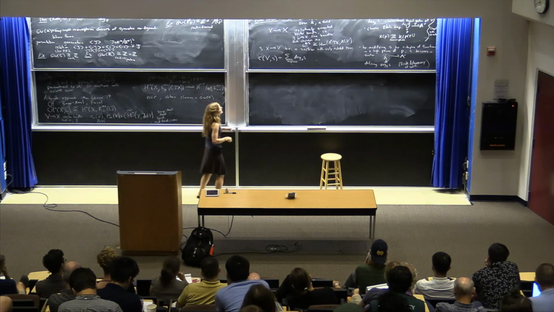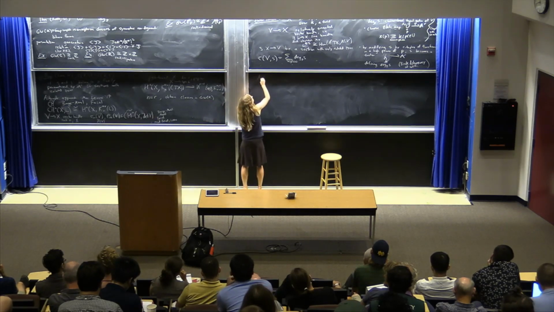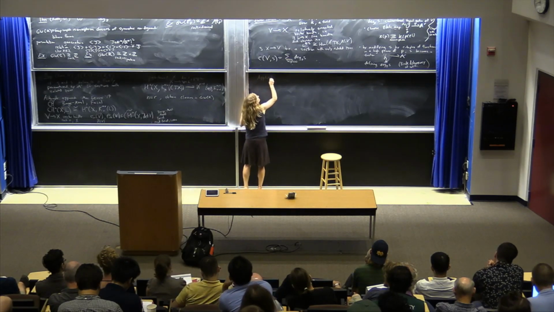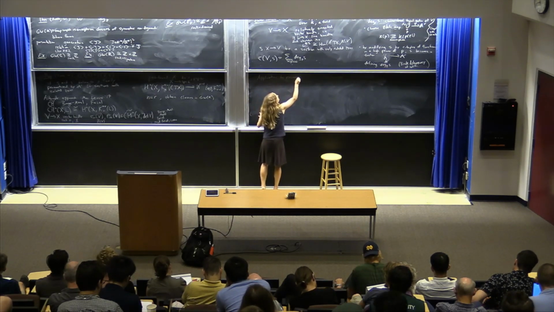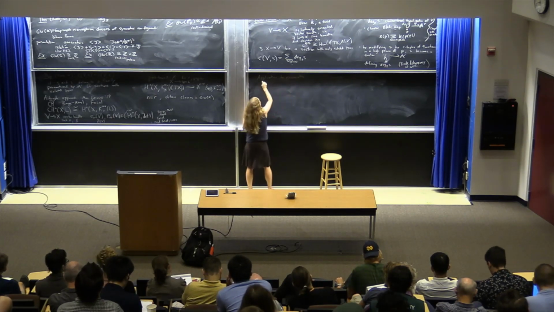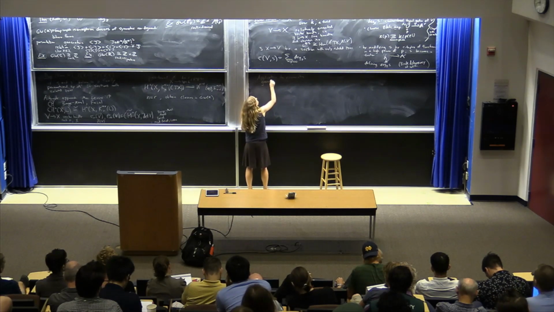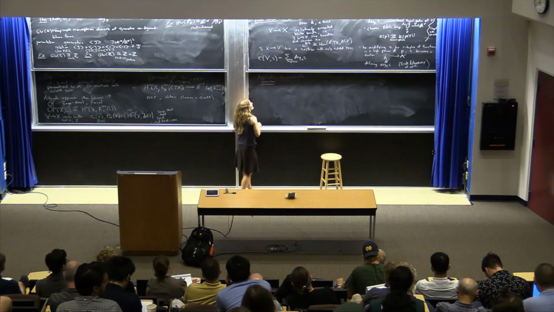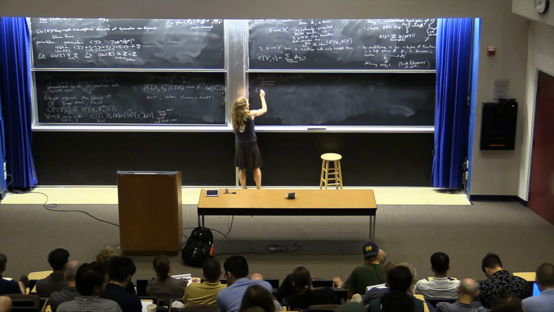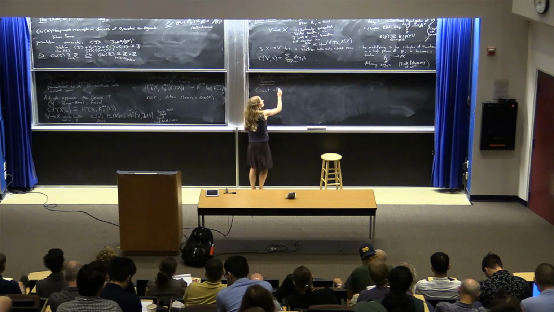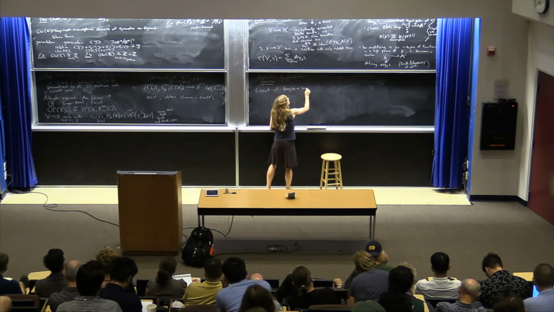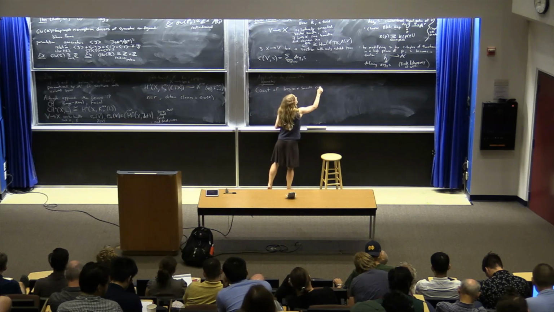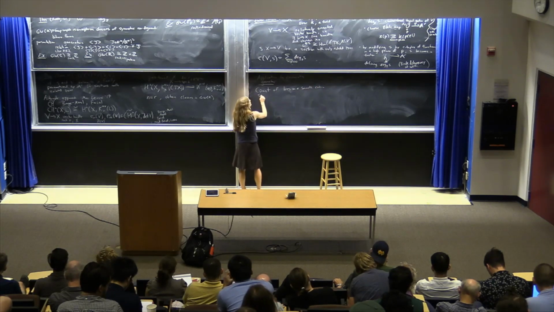So, application to enumerative geometry. There's the count of lines on a smooth cubic surface.